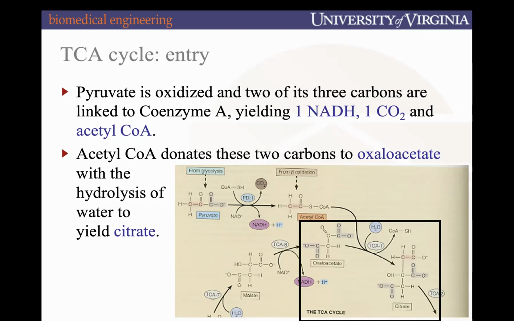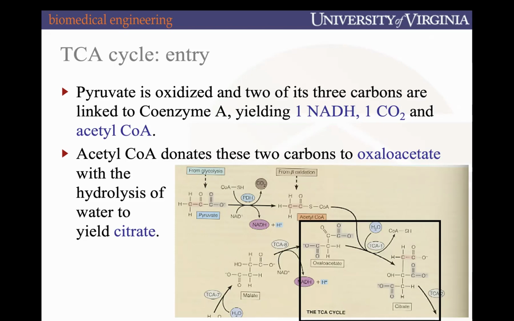Coenzyme A is going to separate out one of the hydrogens from water, which creates this sulfhydryl or thiol group, so that it can stably leave. Now that one of the hydrogens is donated, it's going to be a hydroxyl group now. That'll help form, with oxaloacetate and the acetyl, this citrate molecule.